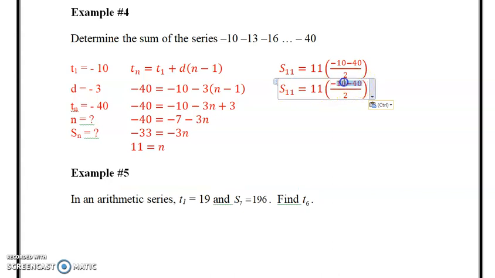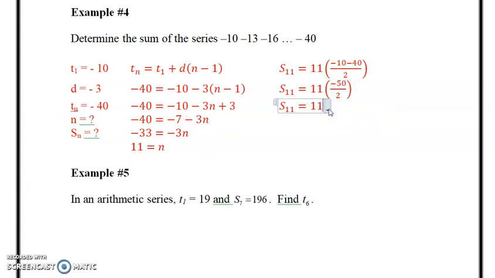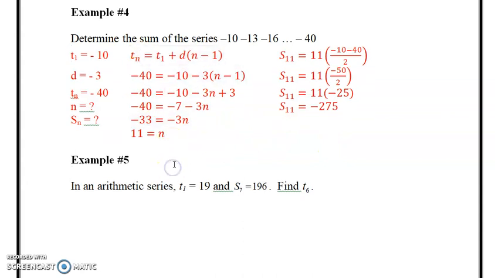Then we have -10 subtract 40 is -50. And then -50 divided by 2 would be -25. -25 multiplied by 11 would give us -275. So what does this mean? This means that the sum of the 11 terms in this series will be -275.